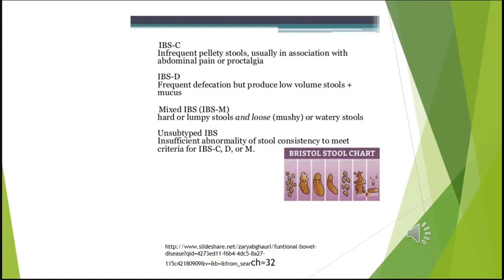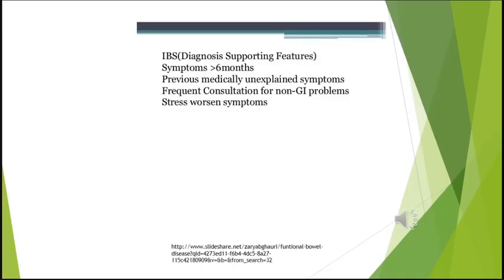IBS diarrheal is frequent defecation, but it produces very low volume of stool, and it has a lot of mucus associated with it. Mixed IBS is harder lumpy stools and loose, mushy, or watery stools. And then there's an unsubtyped IBS, which is an insufficient abnormality of stool consistency to meet criteria for the above. So there's always somebody who's going to fit outside of the box of the 3 main types of IBS.